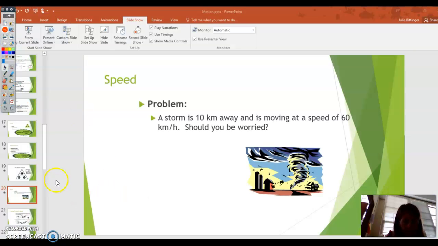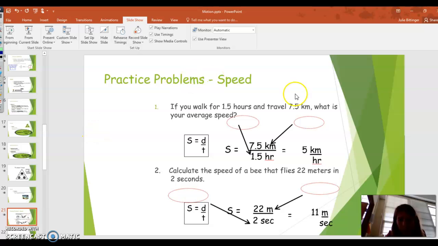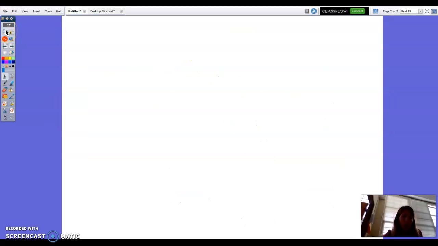Clear my screen there. Let's see here. All right, so these are kind of done for you, but I want to walk through those. So it says on the next one, if you walk for 1.5 hours and travel 7.5 kilometers, what is your average speed? So I'm going to go back to my whiteboard and work number 2. So I like to write what I'm given.